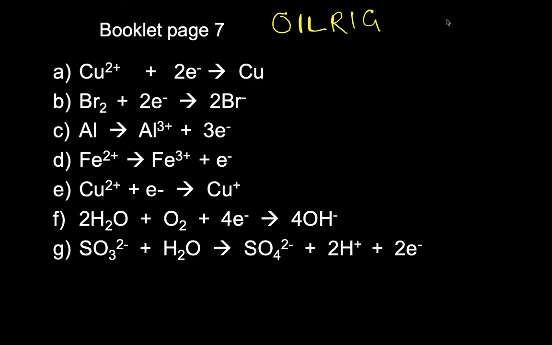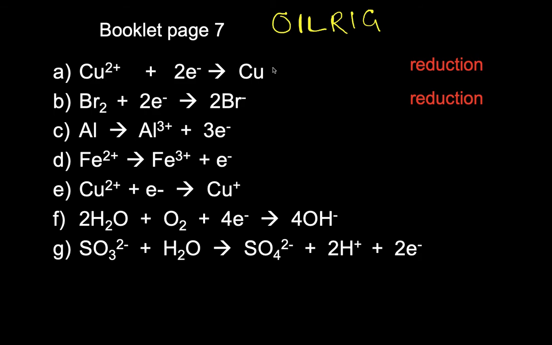In this case, for copper ions, they are gaining electrons to become copper atoms. That is a reduction. Bromine, plus 2 electrons becoming bromide ions. That is again a reduction.